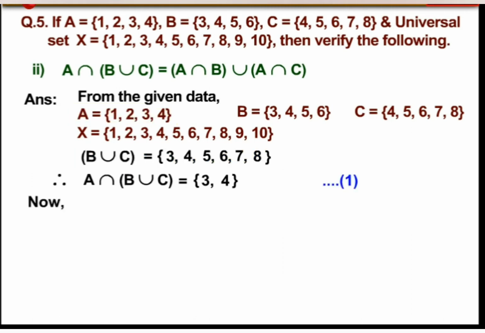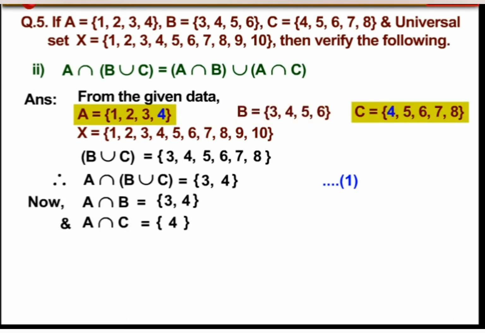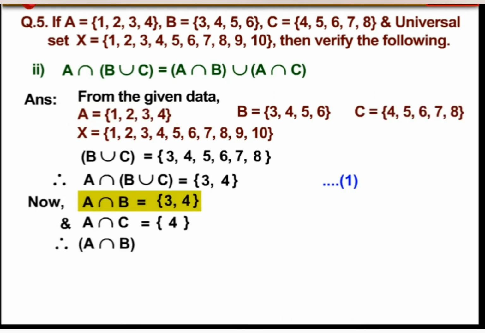Now, A ∩ B is equal to {3, 4}, and A ∩ C is equal to {4}. Therefore, (A ∩ B) ∪ (A ∩ C) is equal to {3, 4}.